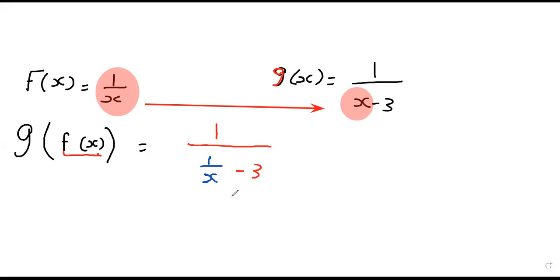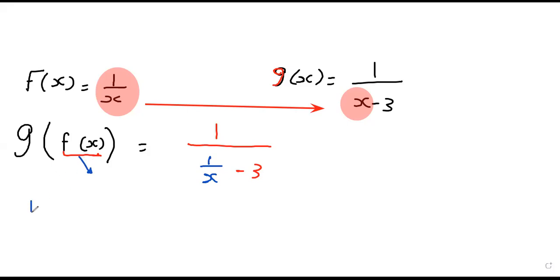Okay. So to find the domain of the function g of f of x, we are dealing with two functions, and the function f of x is mapped into the function g. So what is the domain of this function f of x, firstly? The domain of the function f of x is x can be any number except 0.